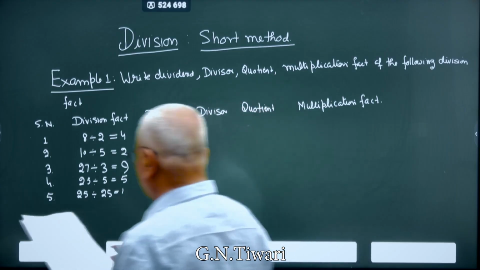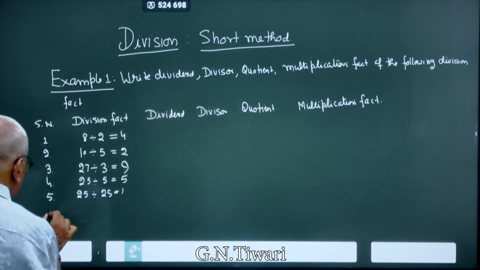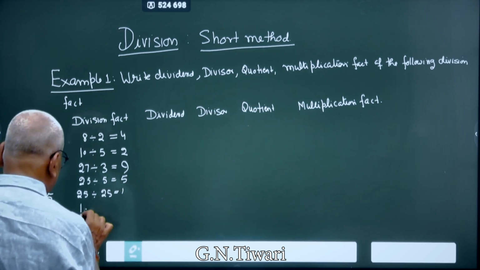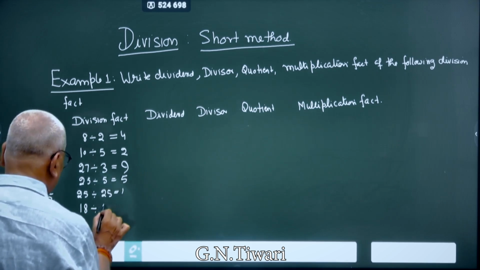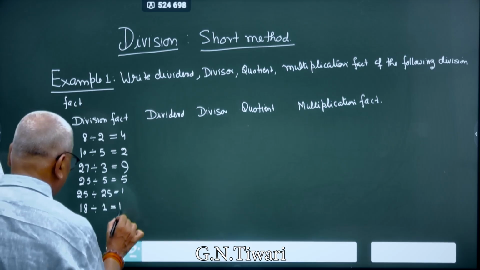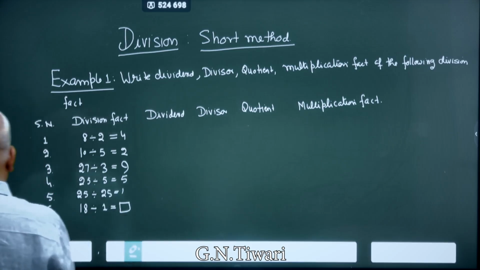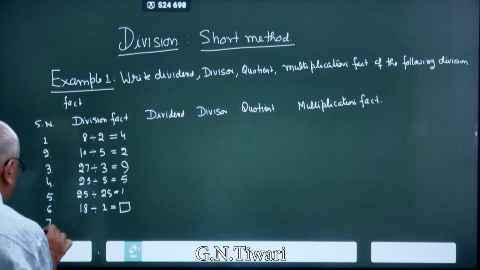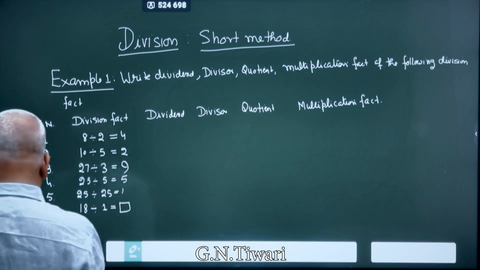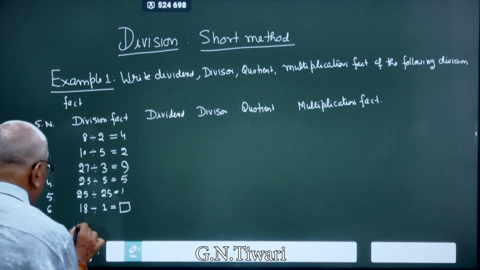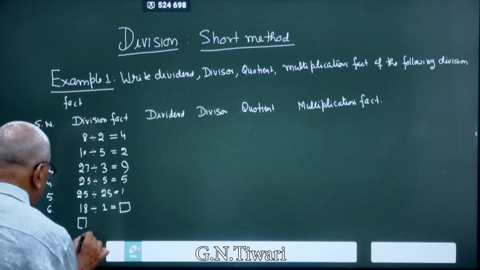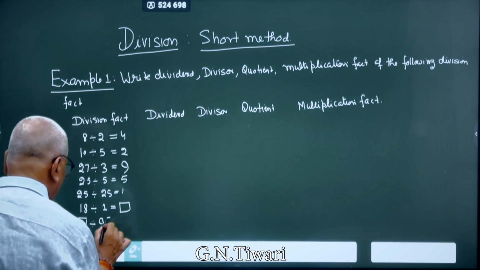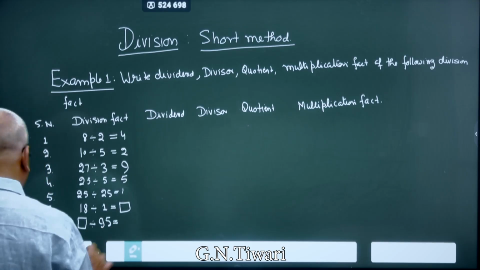Again, I am giving some example 6: 18 divided by 1, and they have to fill this up and find out. Then again 7, suppose this divided by 95 is equal to 1.